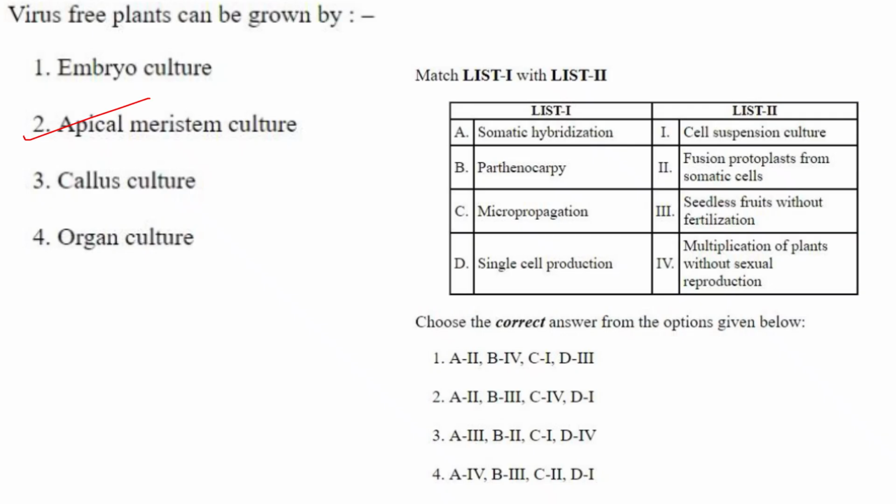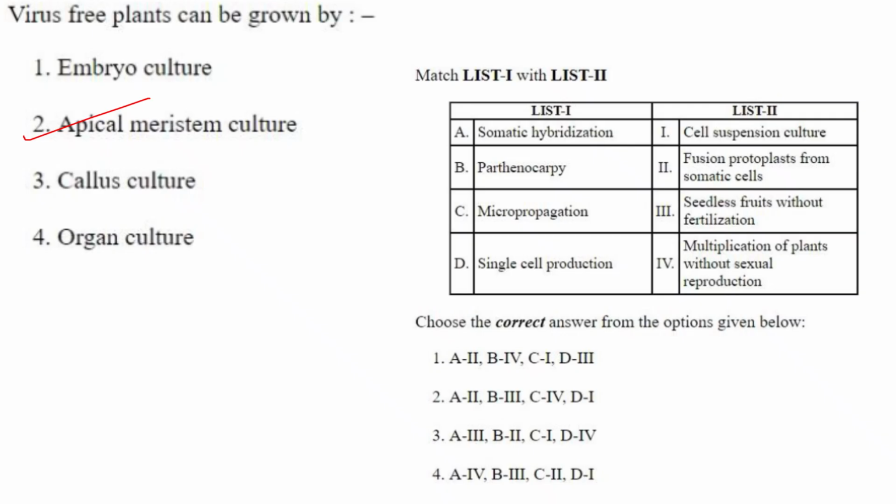Some phloem tissues may not be well developed in apical meristem cells, and most of the plant viruses spread through phloem. So lack of proper vascular connection means the virus cannot easily spread to other places via apical meristem. So to produce virus free plant, you can use apical meristems.